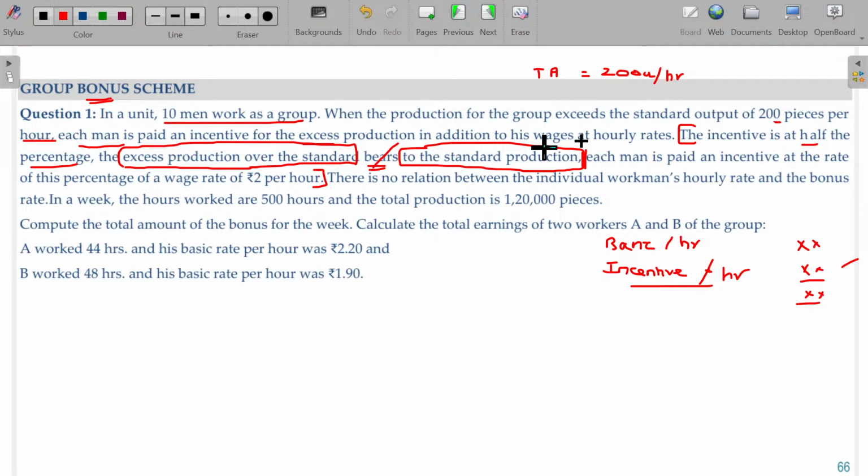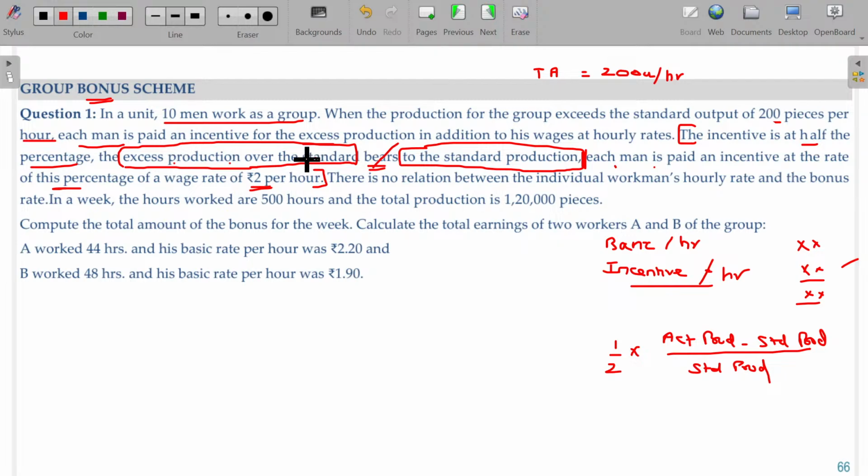And what the value will be fixed? Each man is paid incentive at the rate of this percentage of the wage rate of rupees 2 per hour. So incentive being half of actual production minus standard production divided by standard production. Clear? So the numerator being excess production over the standard.